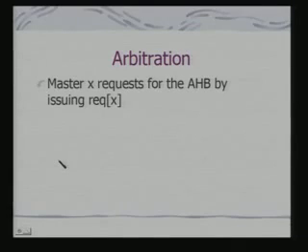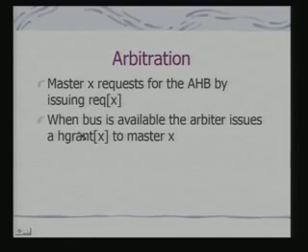So, how does the arbitration really take place? Each master on the bus has a unique identifier, since it is a multi-master bus. Master X requests the AHB by issuing what is called a request signal, where X indicates the corresponding master's name. When the bus is available, the arbiter issues what is called a grant X signal to master X. So the master knows that the bus is available to it.